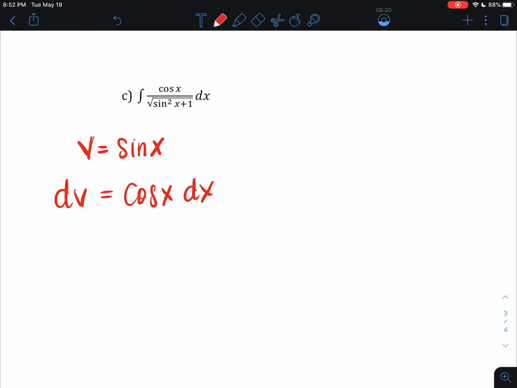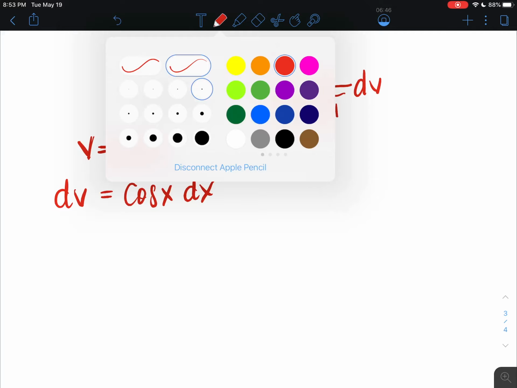That is perfect because I have that in the numerator. Let me rewrite this to equal the integral of 1 over the square root of v squared plus 1 dv. Which one does this have similar tones to?